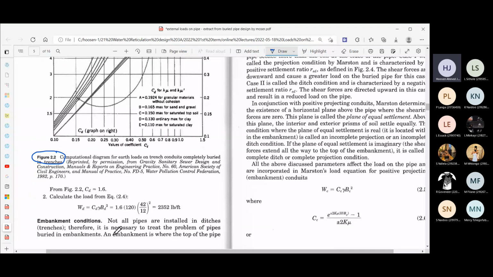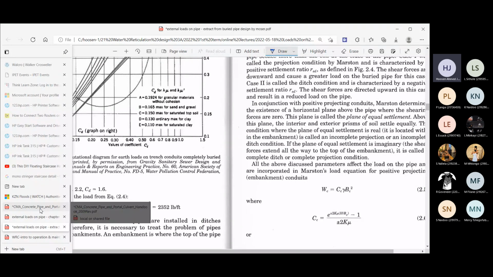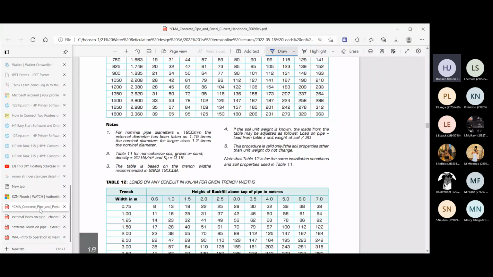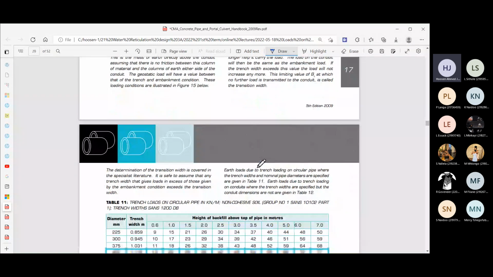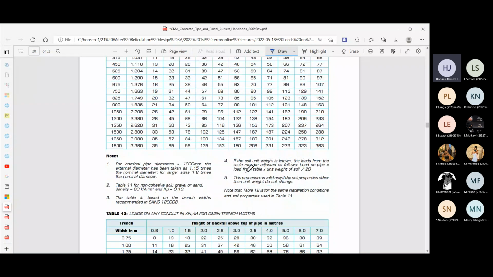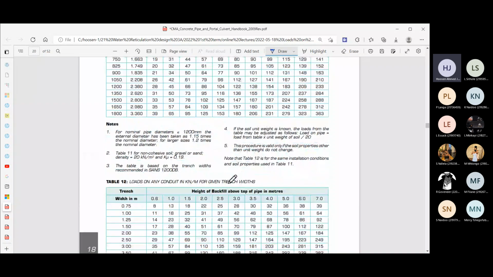Now, I'll explain to you about the embankment conditions, and I'll come back to that particular diagram in this book. So, we've spoken about trench conditions for a rigid pipe. You can read through the notes that are given, the loads on the conduit for given trench widths.